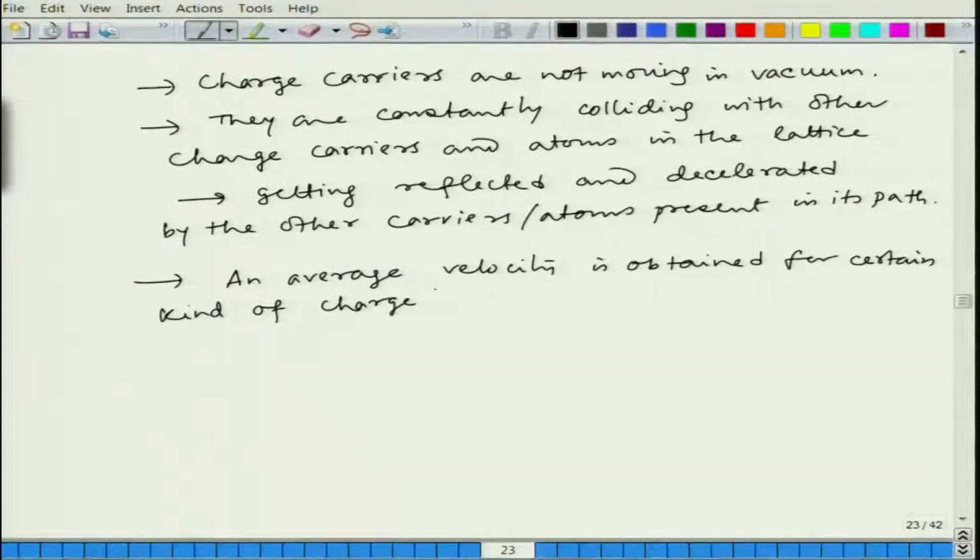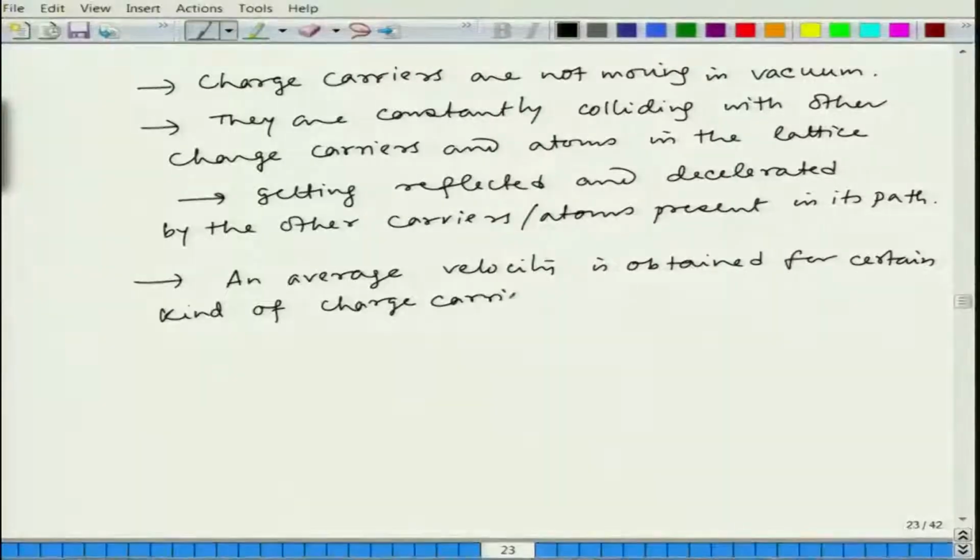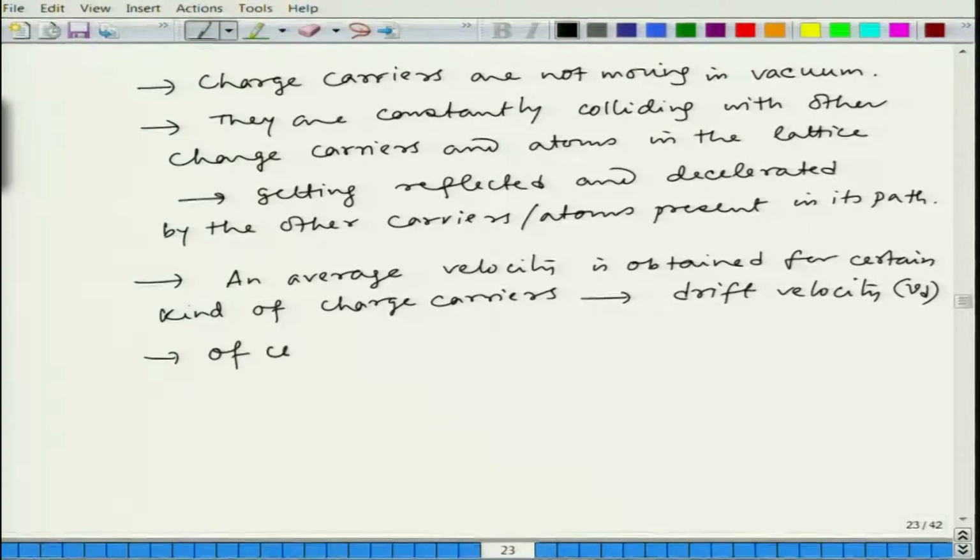So, for all the electrons, if you take the average of all these collisions and the applied field, then you will get an average velocity, which is called, let me write this, the charge carriers' average velocity is called drift velocity, or V subscript D. Okay. And of course, it can change with time.